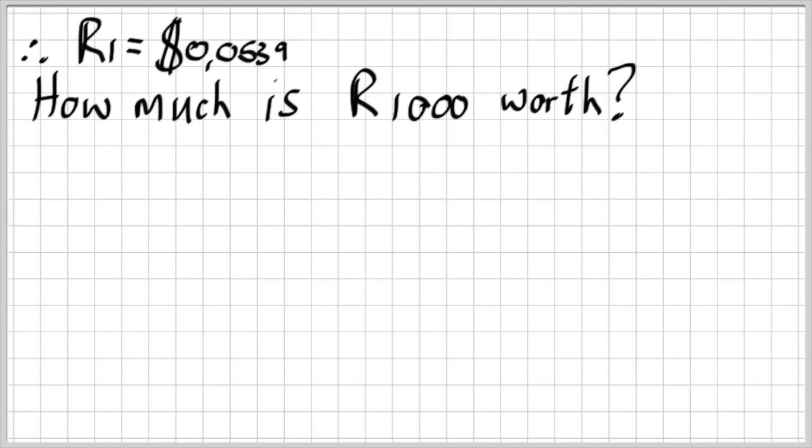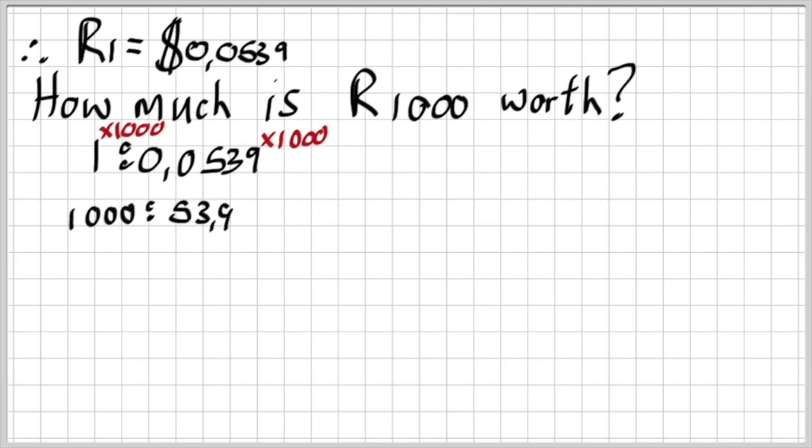Let's have a look at the basics of working in currencies. So how much is 1,000 Rand worth if 1 Rand is worth 0.0539 US dollars? First of all, let's write it as a ratio. So I've got 1 to 0.0539. And if I just times that 1 by 1,000, remember on the left-hand side is the rands, on the right-hand side is the US dollars.